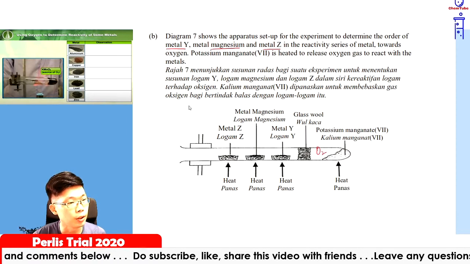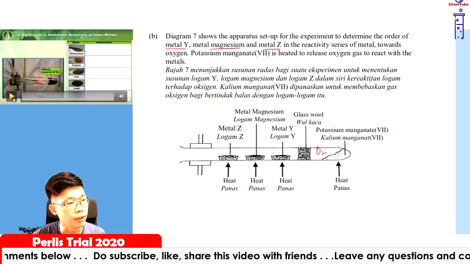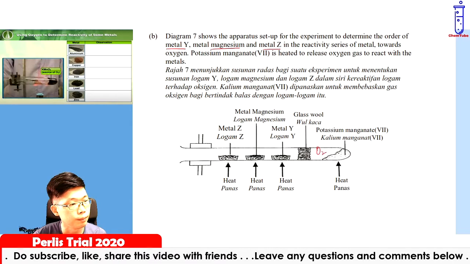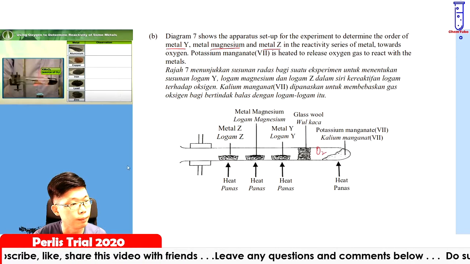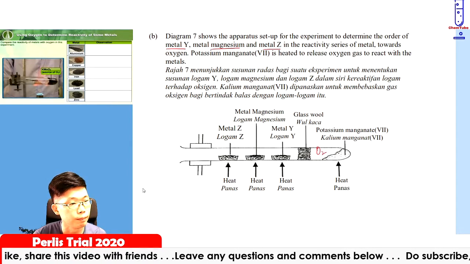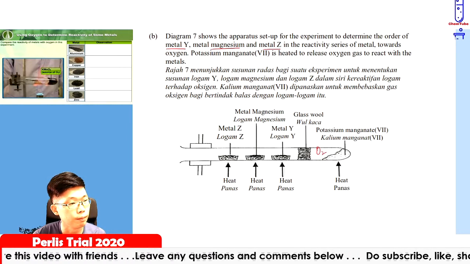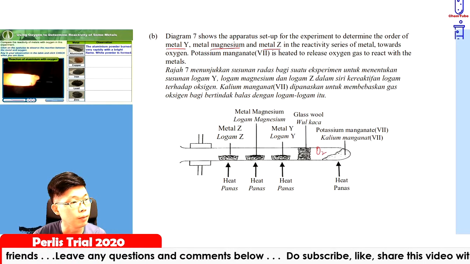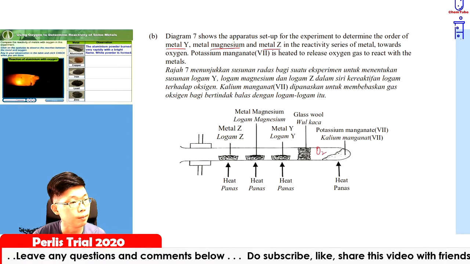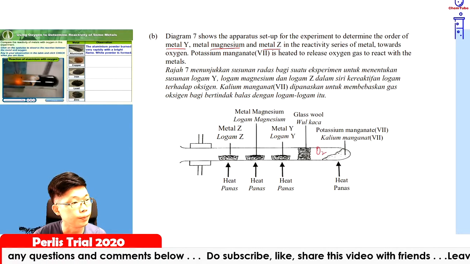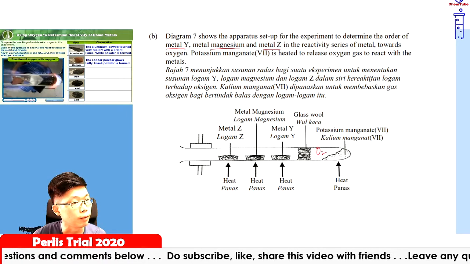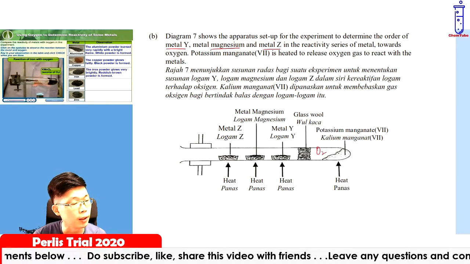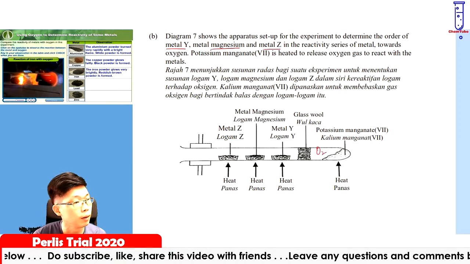Now I show you a video for the reactivity of the metals towards oxygen. Let's do a lab activity to compare the reactivity of metals with oxygen. If the aluminium reacts with oxygen, it burns. Then copper is not burning, it just glows only and produces a black solid.